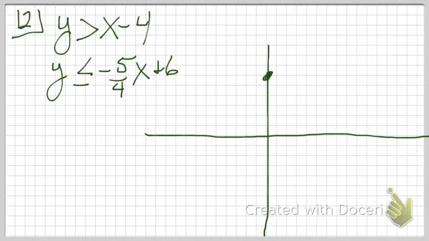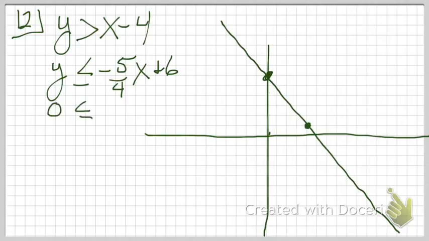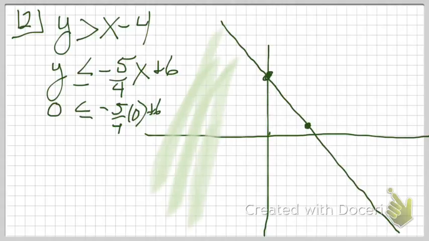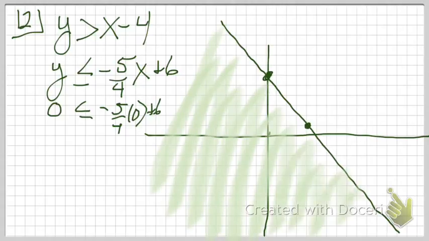So I came down 5, 1, 2, 3, 4, 5, and over 4, 1, 2, 3, 4. Solid line. And now what I do is I look at the origin, and is 0 less than or equal to negative 5/4 times 0 plus 6? And that is true. So I shade that side in.